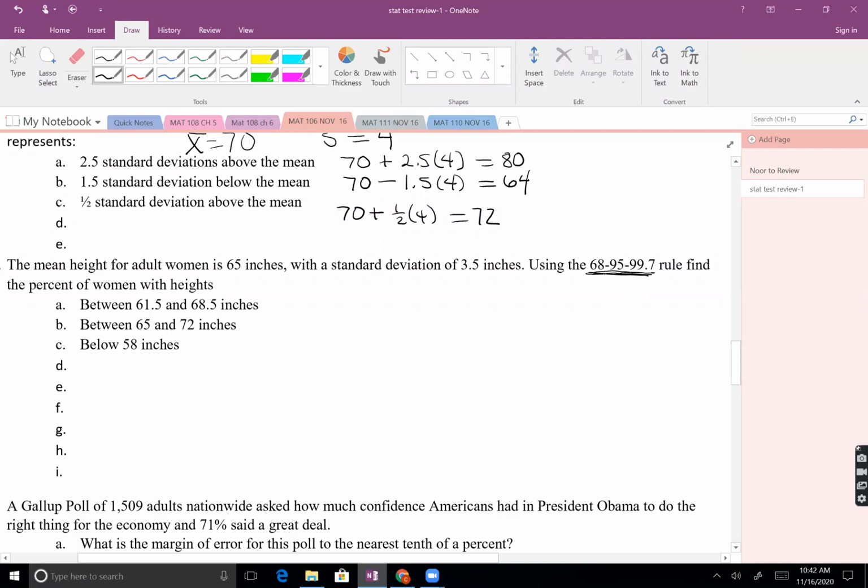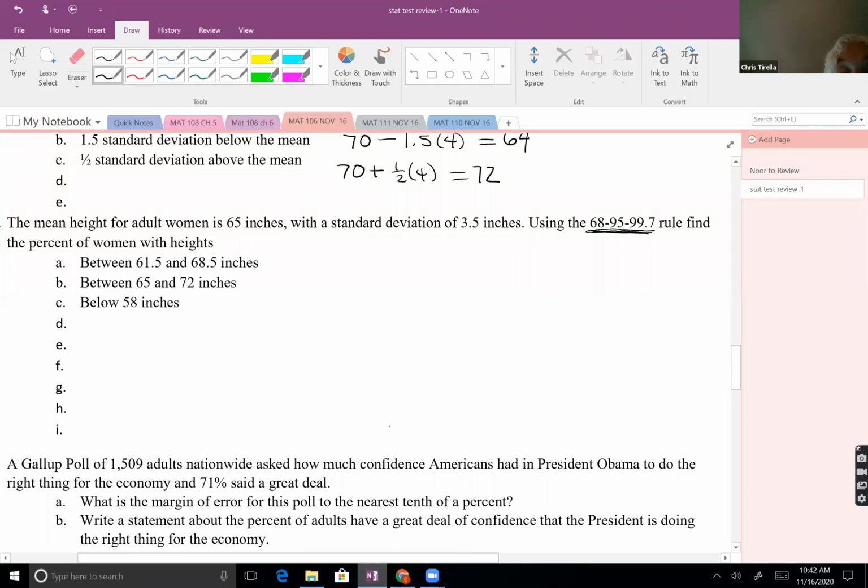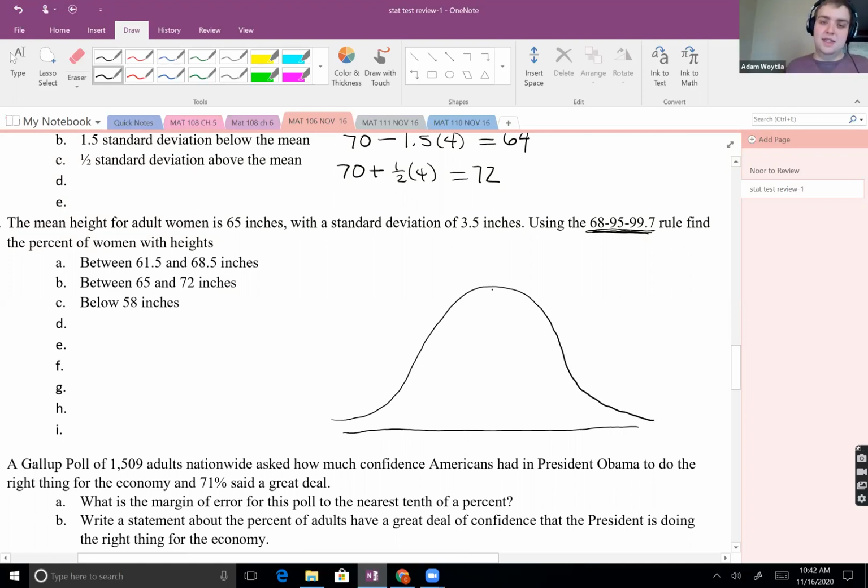Next question, when I see that 68, 95, 99.7 rule, is everybody comfortable with drawing your bell curve? In the middle, what number should I label down below? 65. Beautiful, because that's the mean. And then as I work my way out, how much should I add each time? 3.5. For 5 inches. Beautiful, so that'd be 68.5.